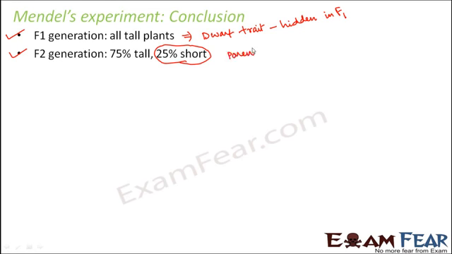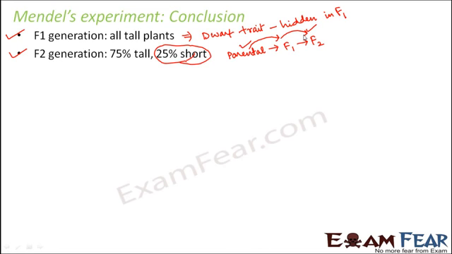This trait was being passed on from the parental generation to the F1 generation, and from F1 generation to F2 generation, without any change, because the dwarf plants seen in F2 generation were exactly similar to the dwarf plants in the parental generation. That means the trait is being carried on from one generation to the next without any change. So that was another thing which Mendel concluded from this experiment.